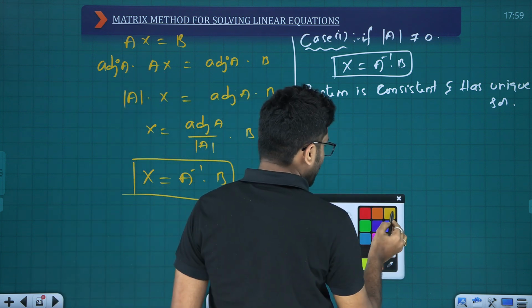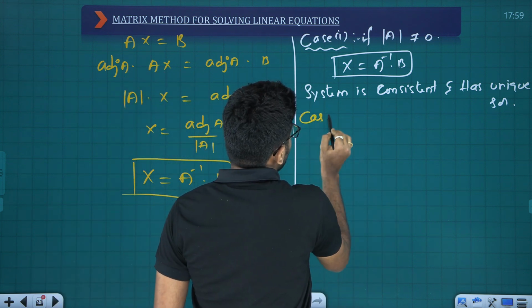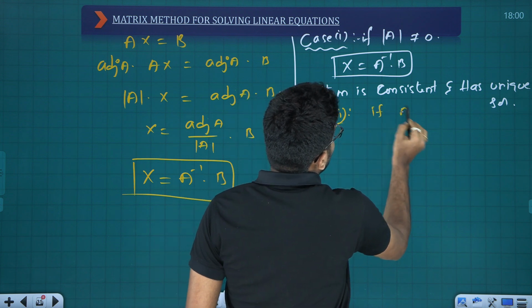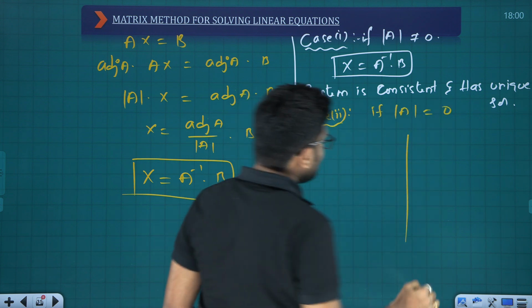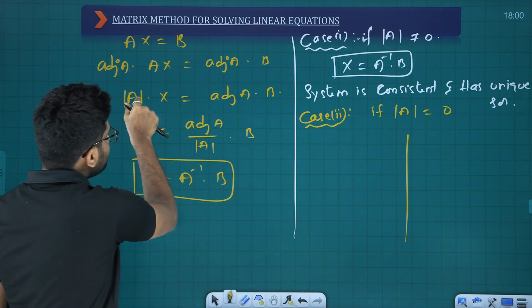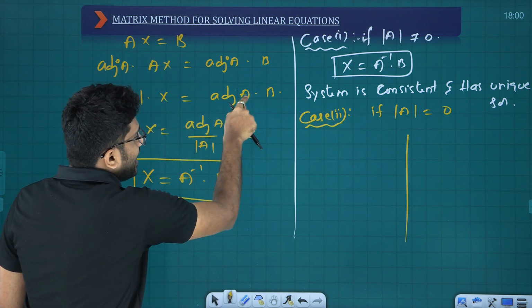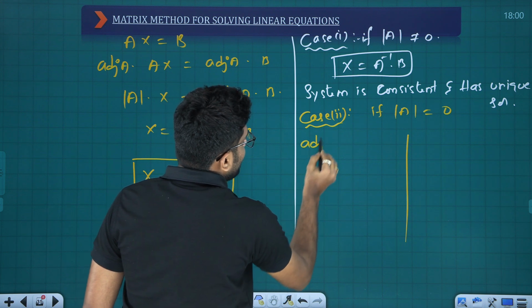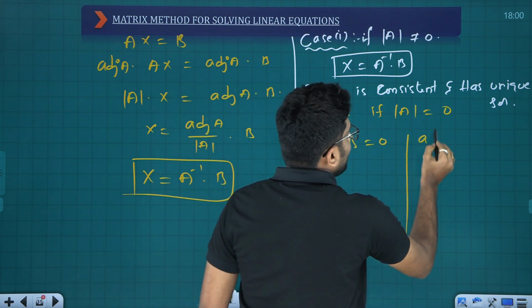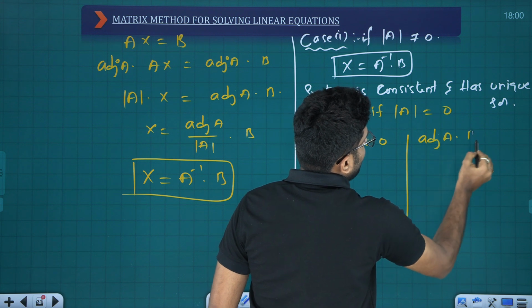Now case 2, friends. If det A is 0, in this we'll split it into 2 cases. For the right hand side part, that is adjoint A into B, one case is zero, or the other case is adjoint A into B non-zero.